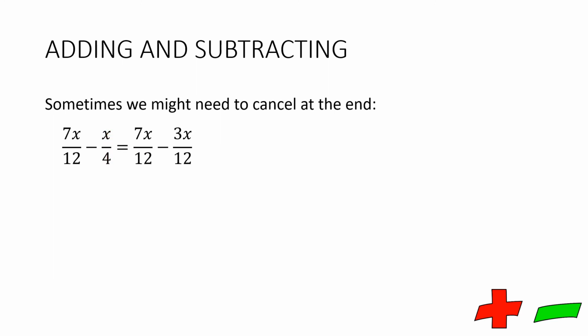Okay, so we're going to get 7x on 12, take away 3x on 12. Have a look how I've gone from that into this. All right, denominators are the same, 12. 7x take 3x is 4x. Can you see the common factor? It's 4. 4 goes into 4 once, and 4 goes into 12 3 times. So our answer is x on 3.